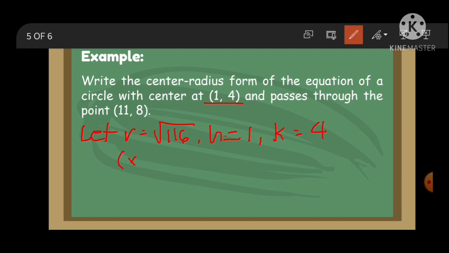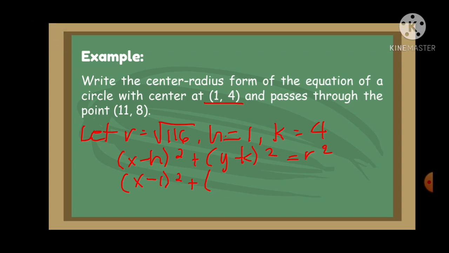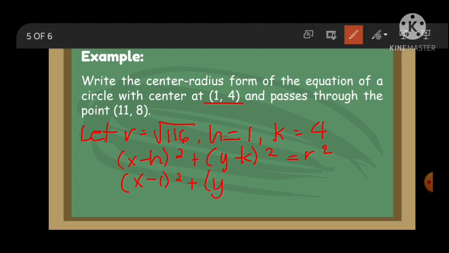The equation of the circle is (x - h)² + (y - k)² = r². So we have (x - 1)² + (y - 4)² = (√116)².